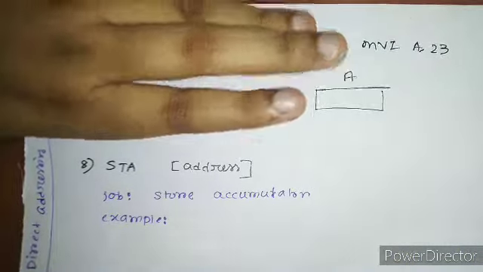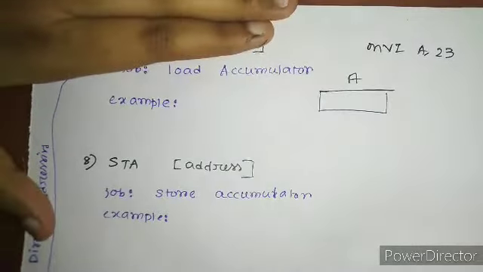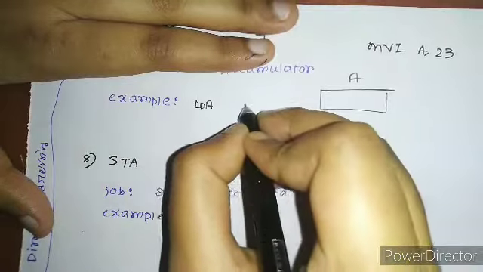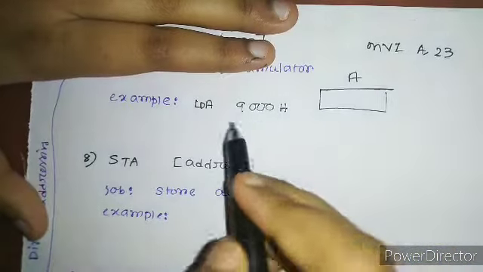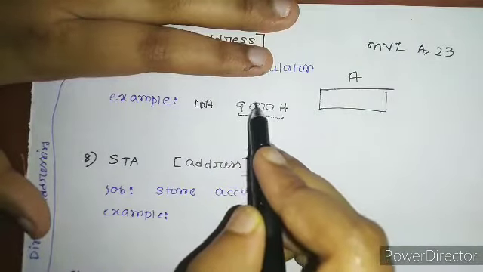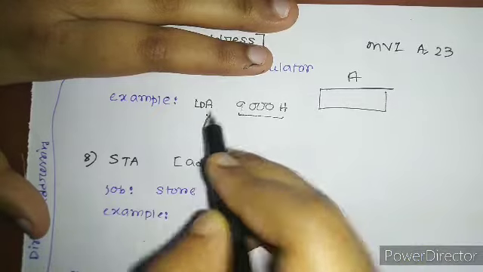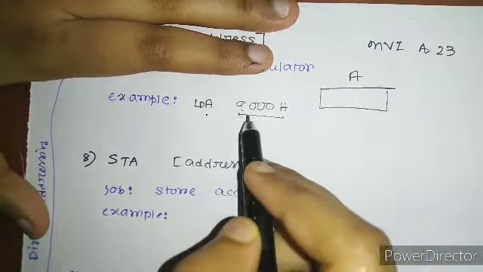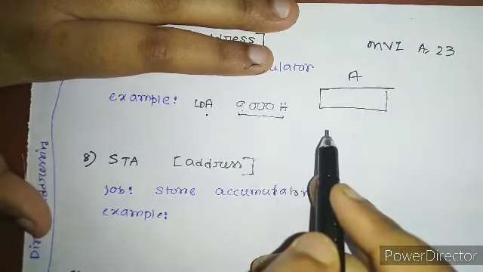So this means that this instruction is slightly different. What does this mean? The syntax is LDA, suppose 9000H. When you see 9000, it's a 16-bit number. But A can only store 8 bits. So this is not an address and not data, then what is it?